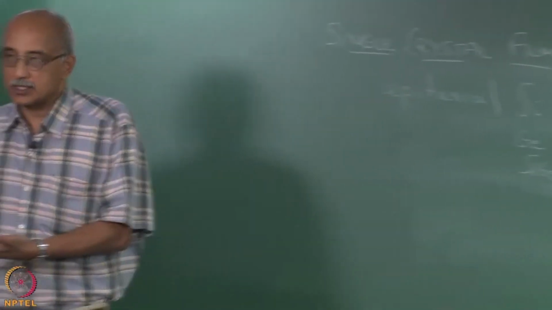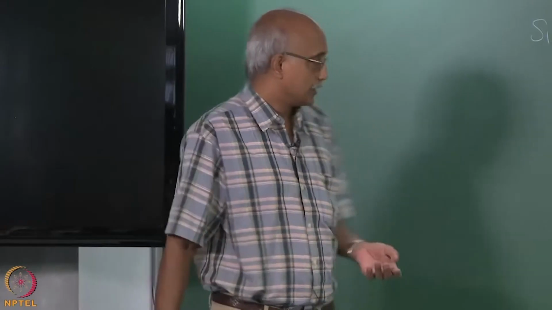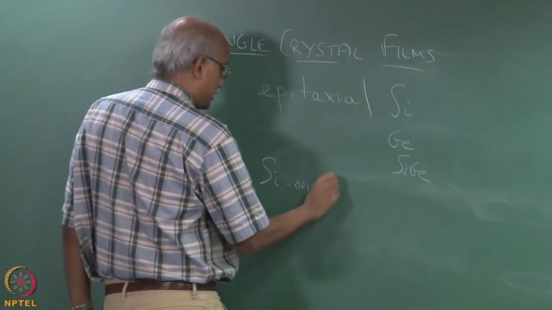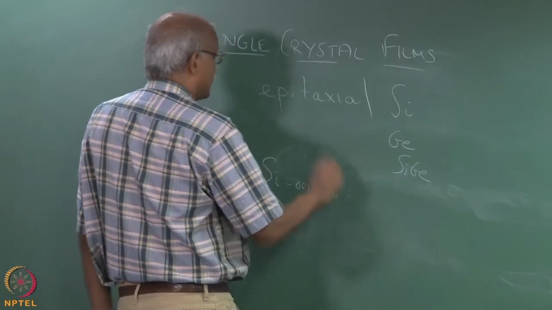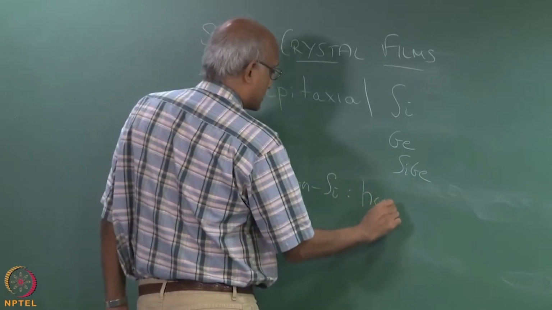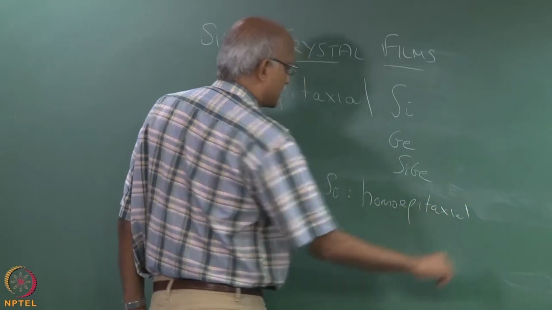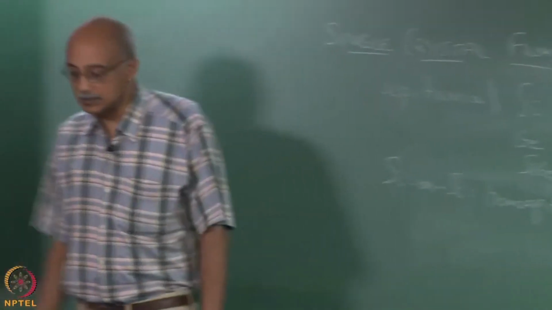The substrate itself can also be of the same material or it can be of a different material. So, for example, when you put silicon on silicon, it is called a homoepitaxial process, where the substrate and the film material are the same.